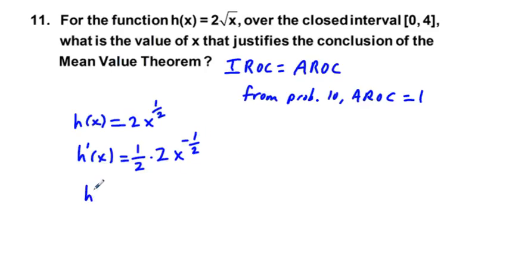So h prime of x is equal to, we have 2 over 2 cancel, and so we have x to the negative 1/2, so we have 1 over square root of x.